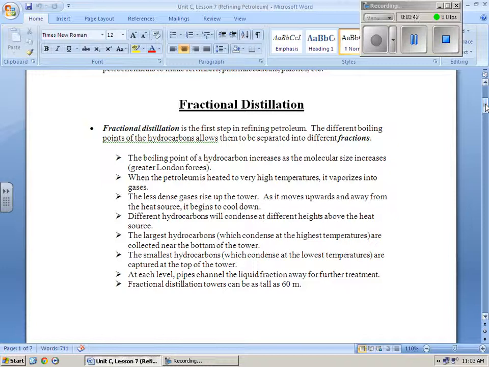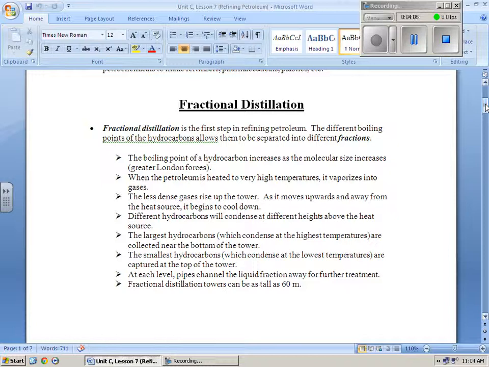Well, we're doing the opposite. We're doing condensation. So you can think of it as, it is a gas. When is it going to cool down and turn into a liquid? That's going to be farther away from the heat source. Okay. At each level, pipes channel liquid fraction away for further treatment, and fractional distillation towers can be quite tall. They can be 60 meters tall.